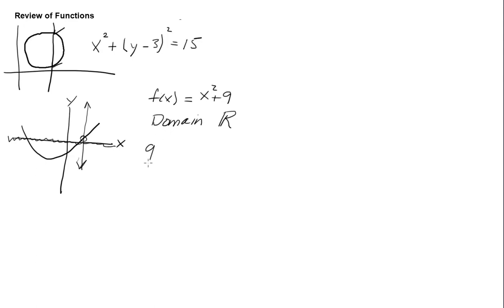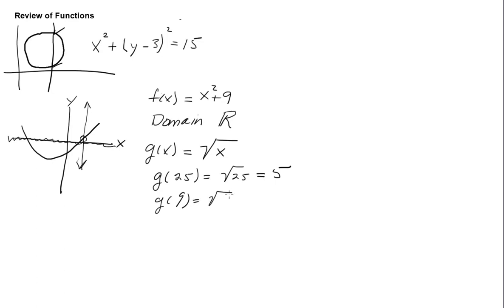On the other hand, if we had a function g of x, and we'll make this just as simple as we can make it, square root of x, then we know that g of 25 would be the square root of 25, which is equal to 5. g of 9 would be the square root of 9, which is 3.